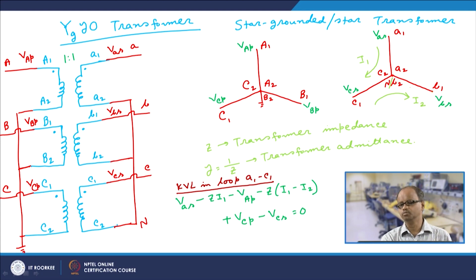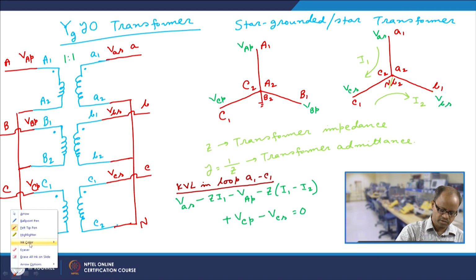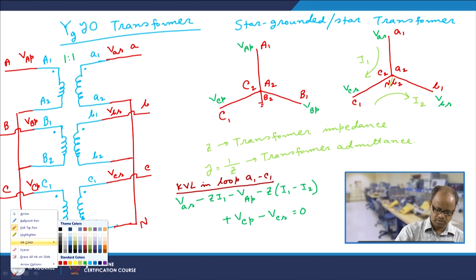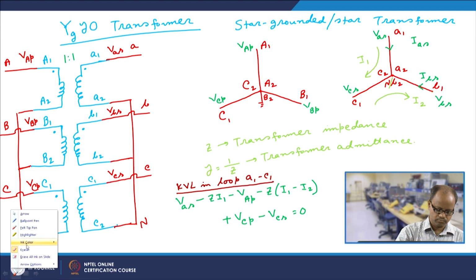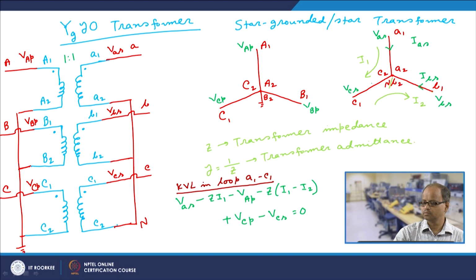Now let us say that these currents are denoted as IAS, this current is IBS, this current is ICS. So, then therefore, IAS is equal to I1.